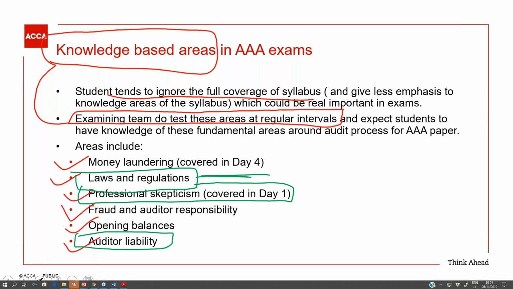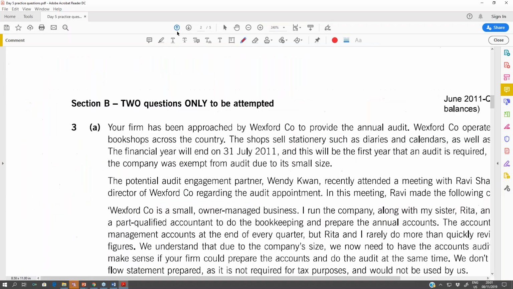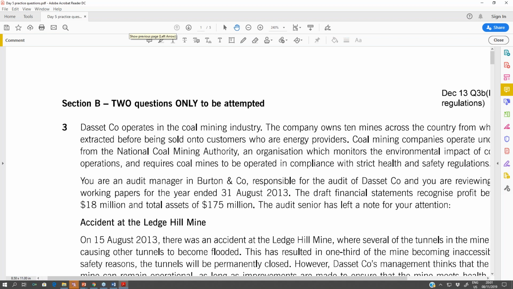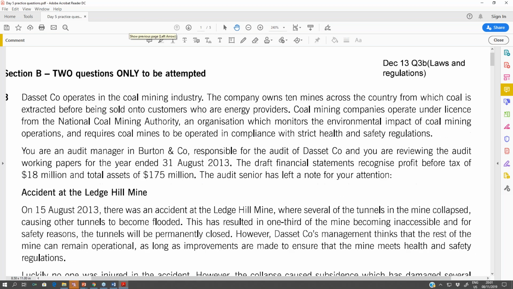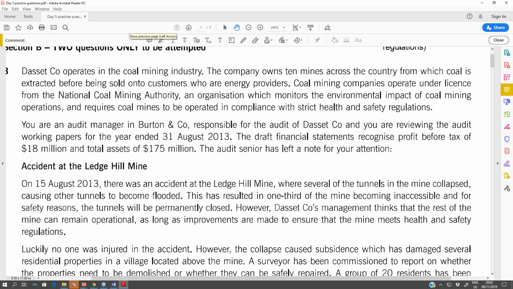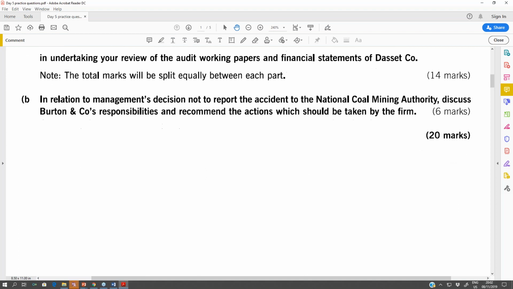Now, just to show you the requirement we are left with, this question is right in front of your screen. December 13, question 3B is about laws and regulations. Only one part of this question is about laws and regulations, and the question is right here.